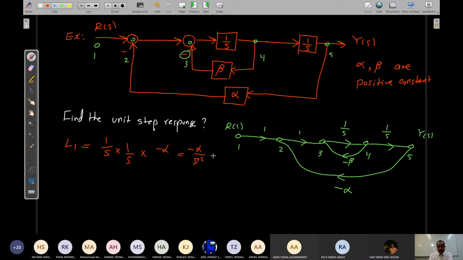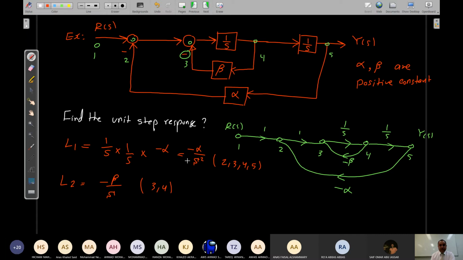The second loop, L2, is between 3 and 4: 1 over s multiplied by minus beta. So this one is minus beta over s, connecting 3 and 4.